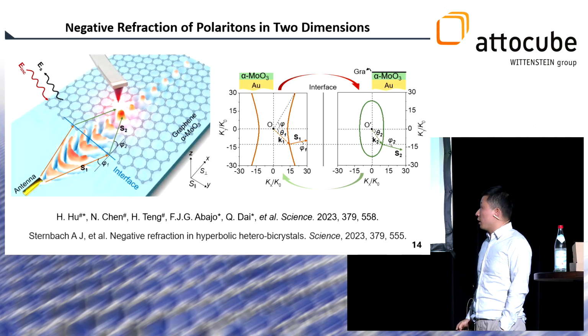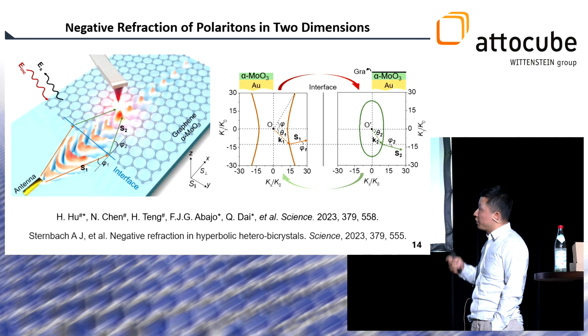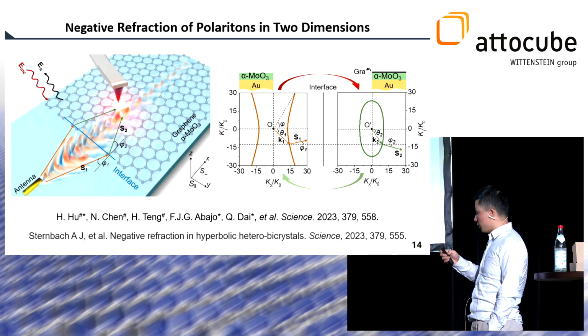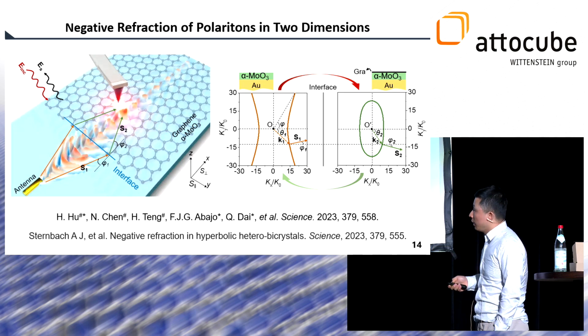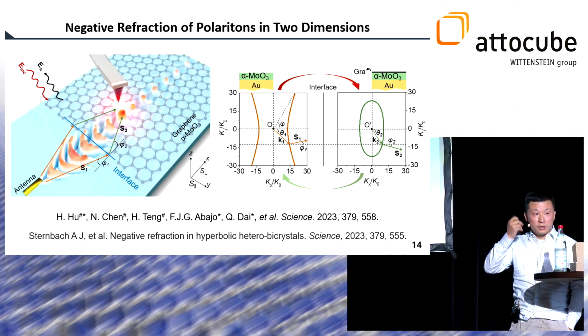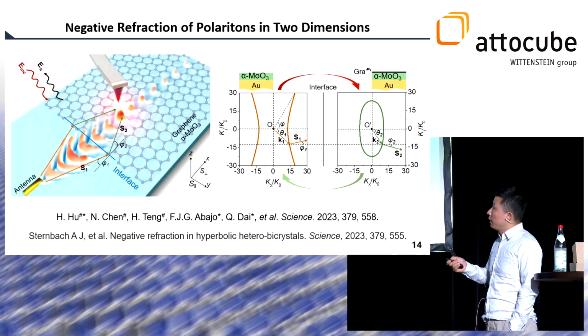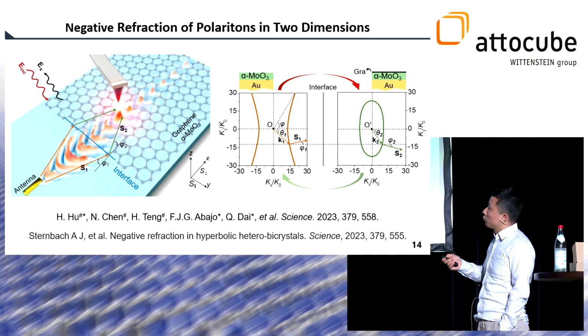And here is another example where we use this kind of topological polariton to design some optical devices. So this is negative refraction. And also, we use the same materials like MoO3 and the graphene, right? And also do the van der Waals heterostructure.